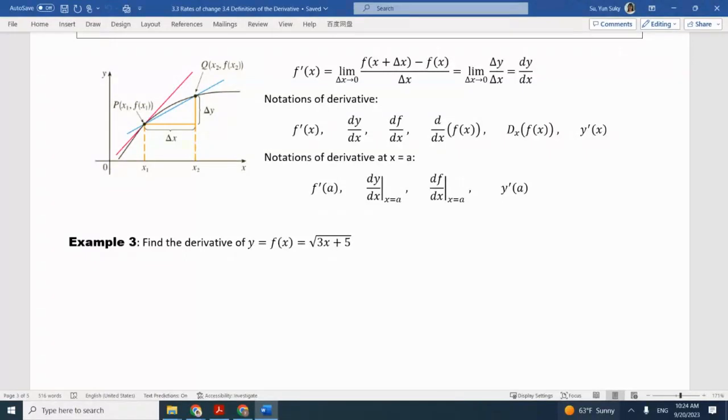So for the derivative, you can use f prime of x. You can use dy dx. You can use df dx. Or you can use d dx, which is like an operator that acts on the function f. And you can use capital D sub x of f of x. We usually use this notation in Calculus 3.